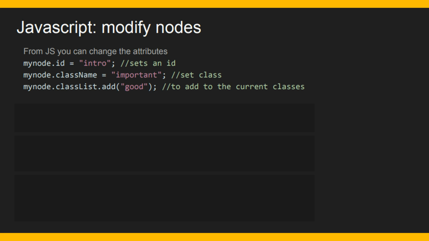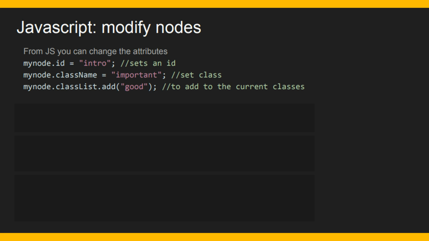So when I say myNode.id = "intro", that element's ID attribute will be changed to intro. We have myNode.className = "important". This will set the class of that node. myNode.classList.add("good"): to add to the current classes, we also add good.